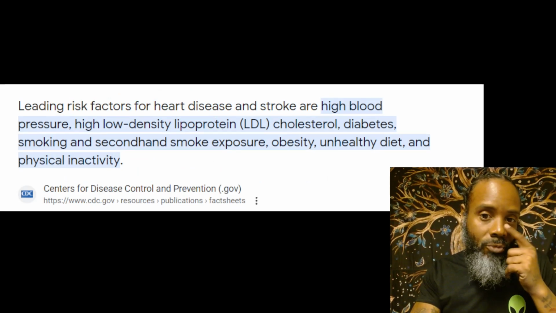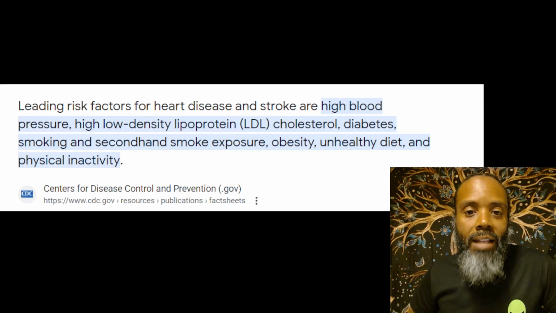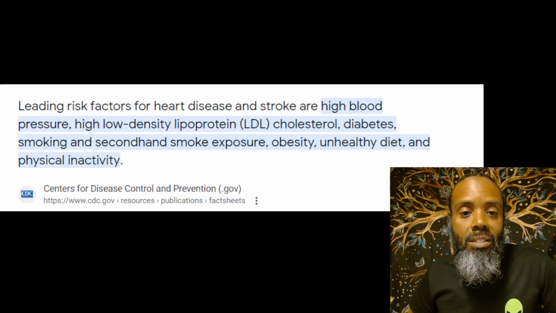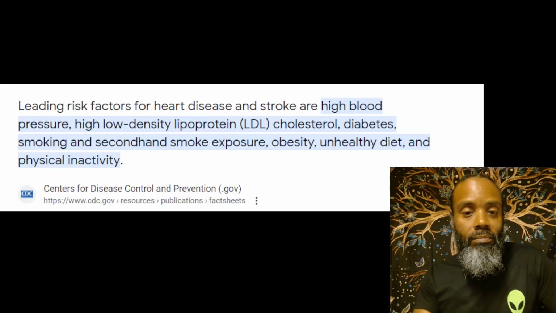Leading risk factors for heart disease and stroke are high blood pressure, high low density lipoprotein or LDL cholesterol, diabetes, smoking and secondhand smoke exposure, obesity, unhealthy diet, and physical inactivity.